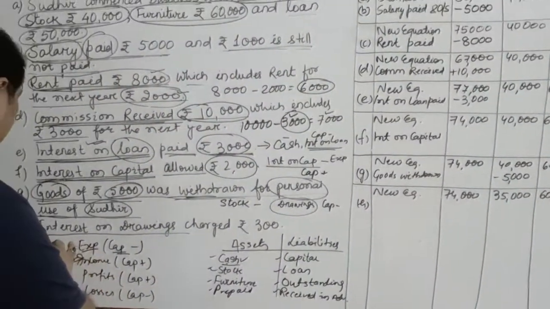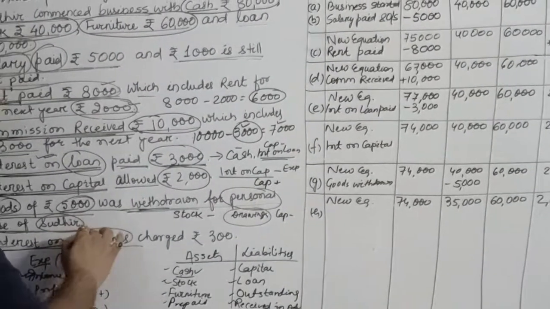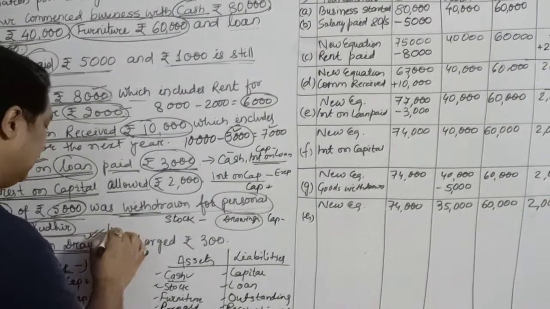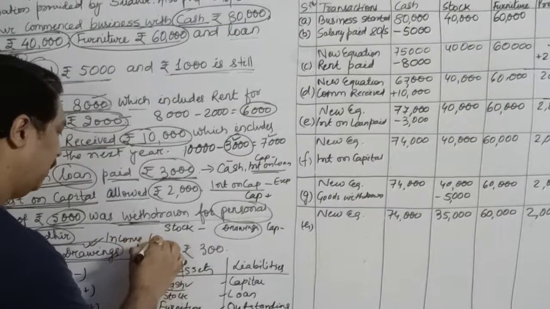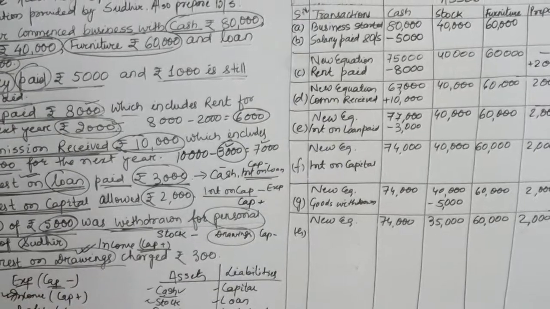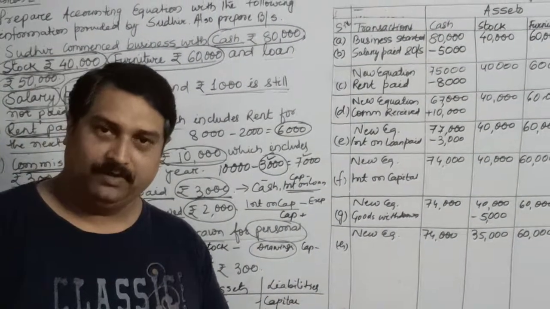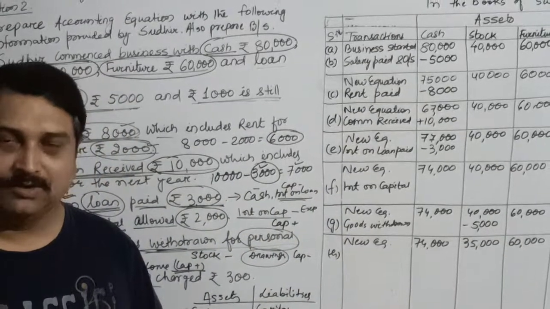Now the last transaction, children, H. What is that? Interest on drawings. So what are the two aspects? One is interest on drawing, which is an income. So what will happen due to income? It will increase the capital. Now at the same time, who is supposed to pay this? The owner. He will not pay it in cash. So what you will do?